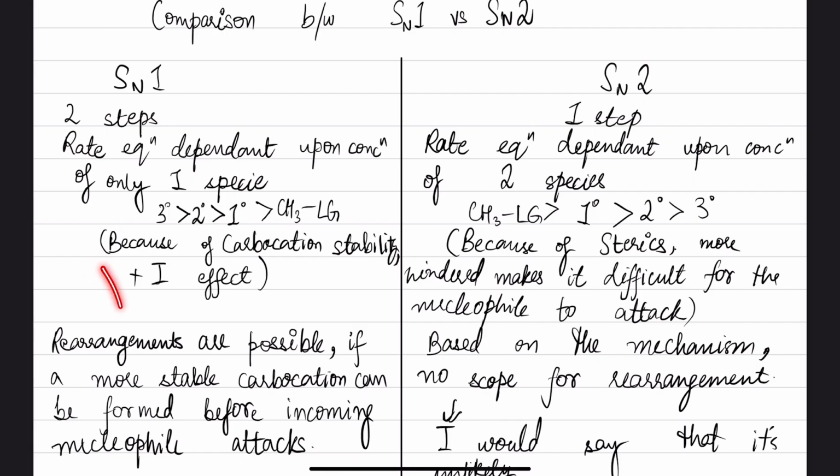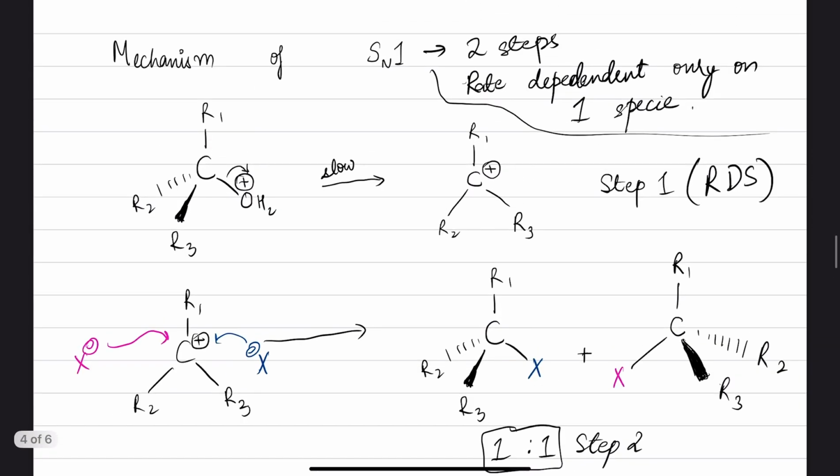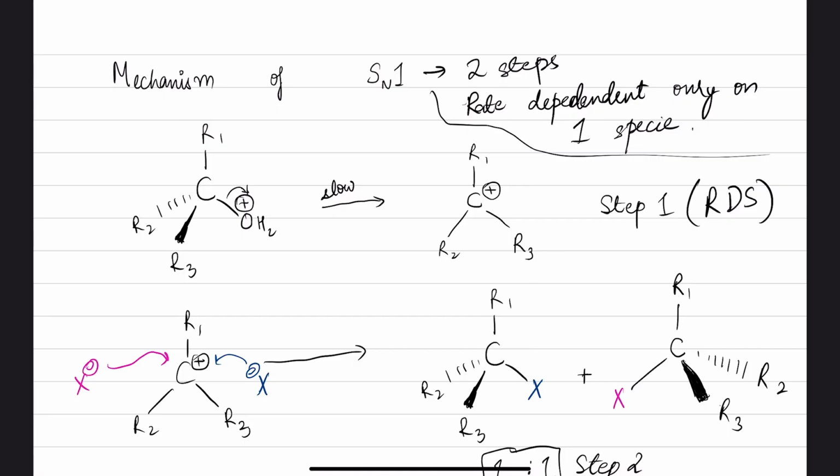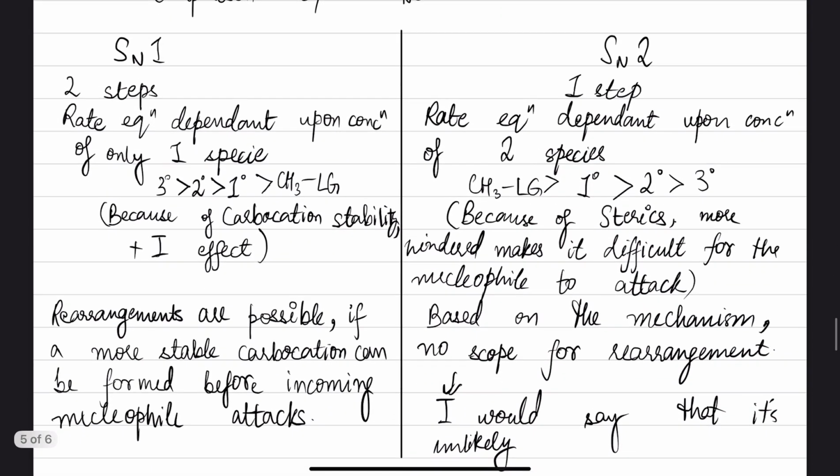There's no charges involved, it's just some transfer of electron density. So the carbocation is stabilized, and 3 degree is preferred, and that's because it's the slowest step. And when the carbocation is more stable, this reaction is pushed in the forward direction because carbocation stability would be preferred.